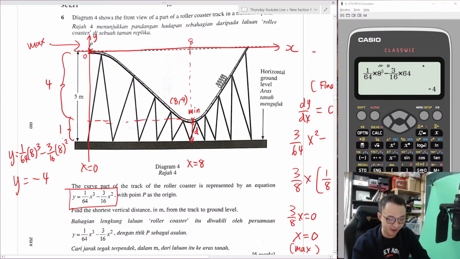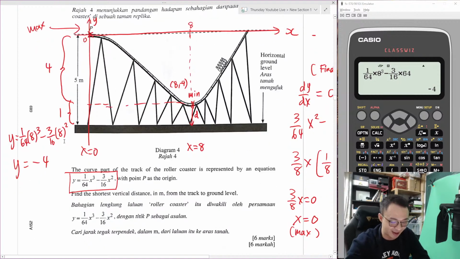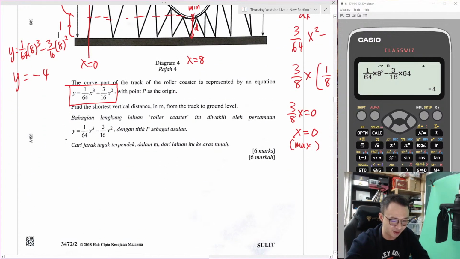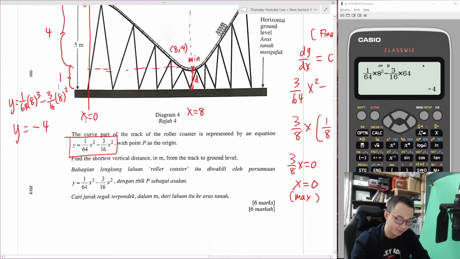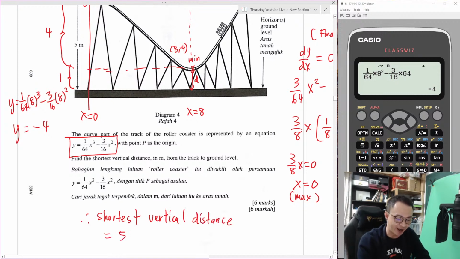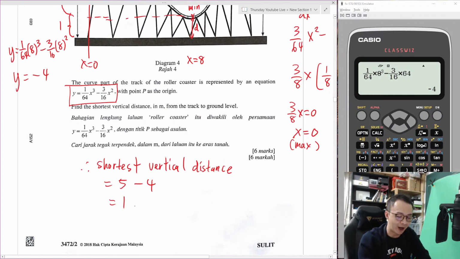Is it using meter here, or are we using another unit? The question doesn't say it's meter. Alright, so therefore the shortest vertical distance is equal to 5 minus 4, which equals 1 meter.